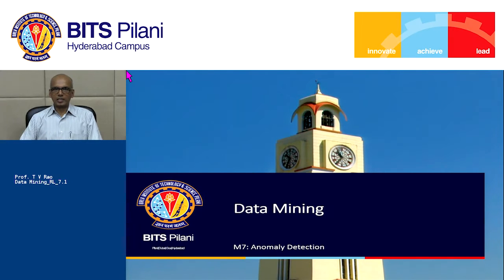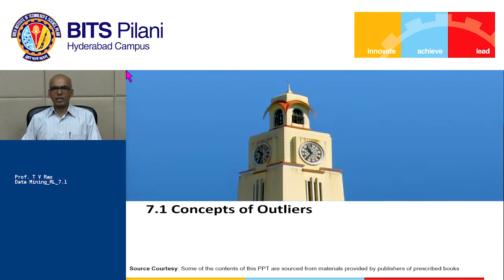Now let us discuss the topic of anomaly detection. Let's first look at what is considered an anomaly and what are really the outliers that are present in the data. And we will also see the types of outliers that can be potentially present.